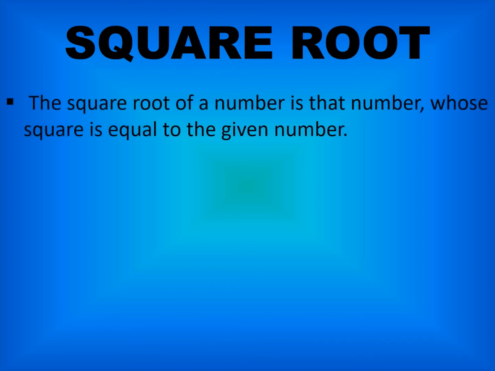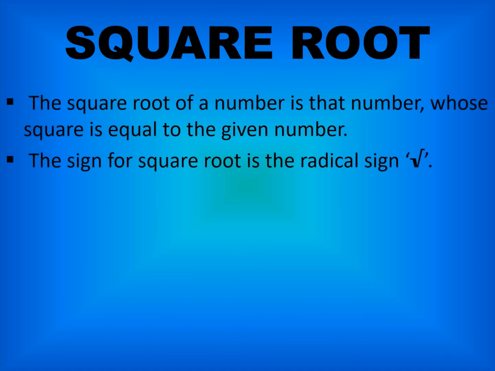Now we will learn what is square root. The square root of a number is that number whose square is equal to the given number. The sign for square root is the radical sign shown here.